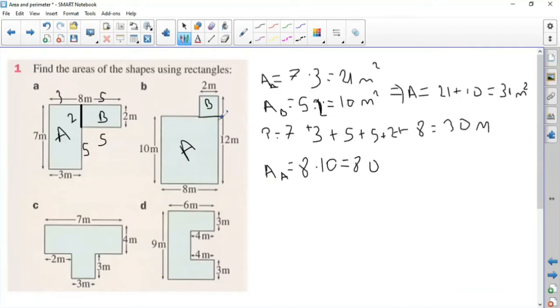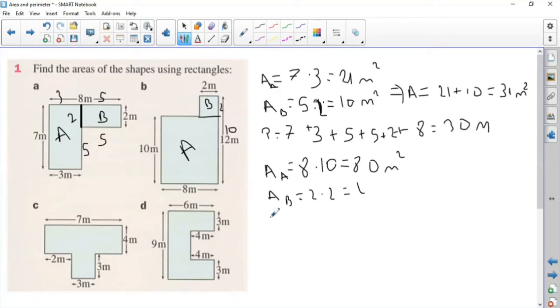Now what is the area of B? Shape B. Since this one is 12, and we took this rectangle, this one is 10, the remaining part will be 2. So it is 2 times 2. It is a square, in fact, which is 4 meters squared.